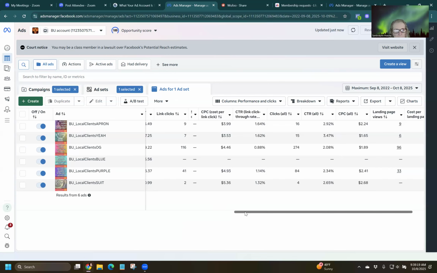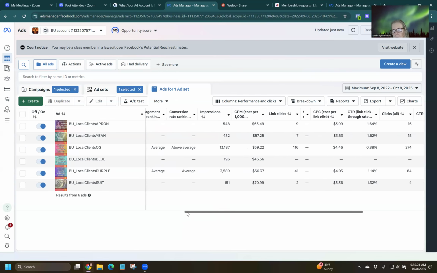Did the people opt in? What I like to do in my mind, I wish they would put this column in, and I could probably put it in as a custom column, is look at your link clicks, because this is the people that actually click the button. So in this situation, we'll say 116 people click the button. We're going to use this particular one.